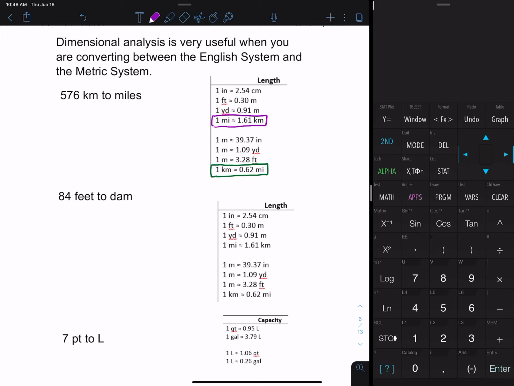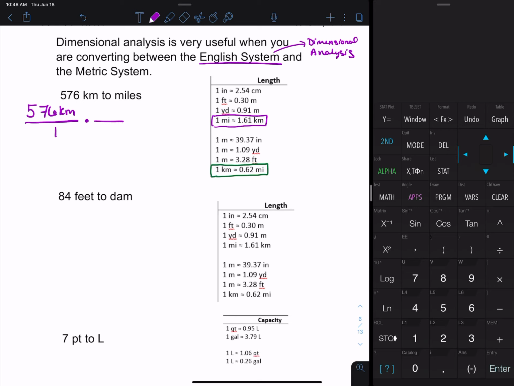I'll start out with my dimensional analysis because that English system is involved. So if the English system is involved at all, we have to use dimensional analysis. So I'm going to take that 576 kilometers and put it over 1.